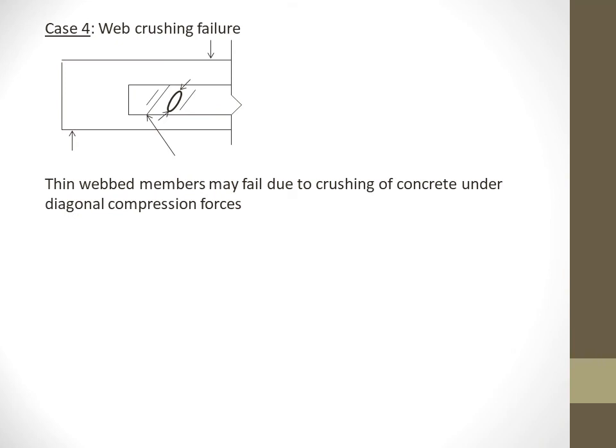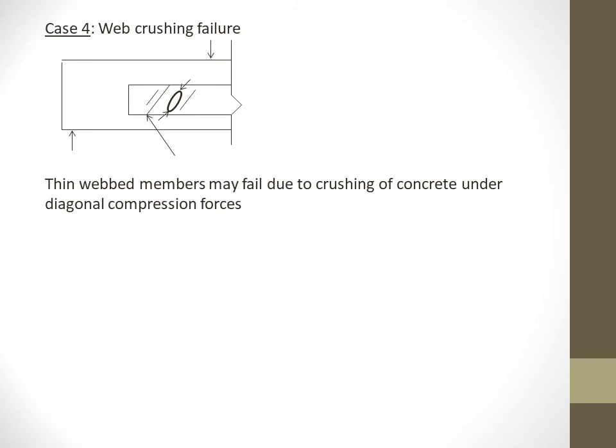Next is the last case, web crushing failure. Thin webbed members may fail due to crushing of concrete under diagonal compression forces, such as I-beams with web reinforcements. This crushing of concrete takes place in the web portion between the inclined cracks under these diagonal compression forces.